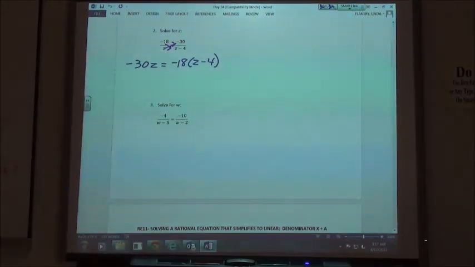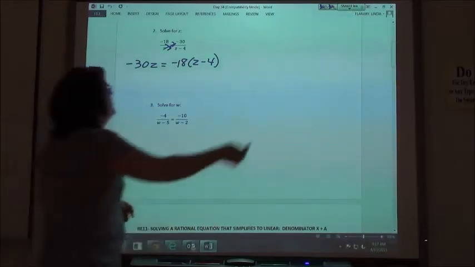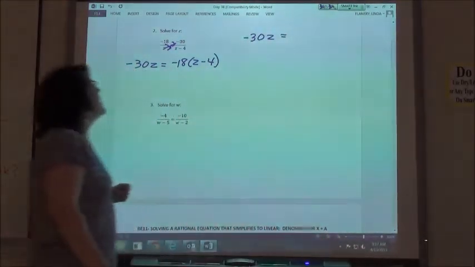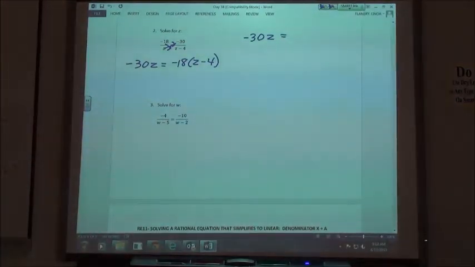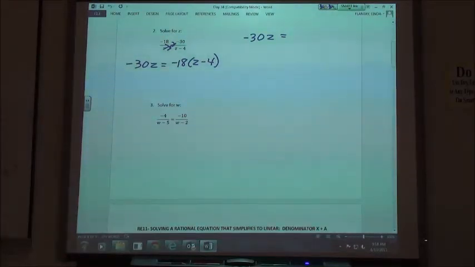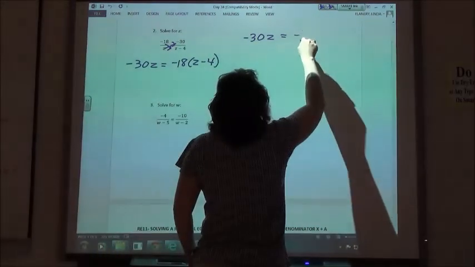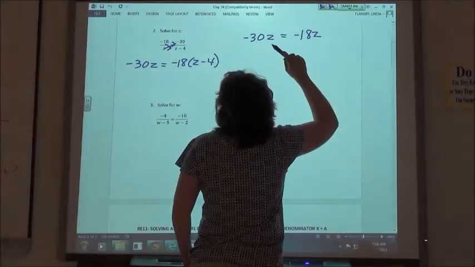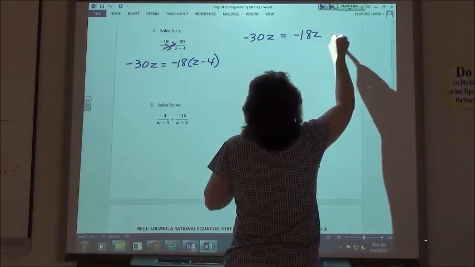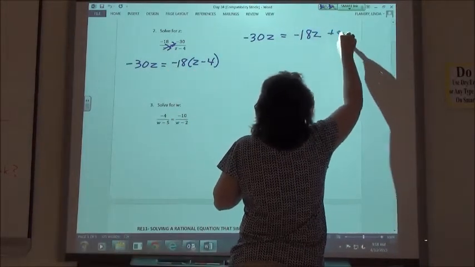So if I use my distributive property on that one, I'm going to have negative 30z, and what would I have over there on the right side? Negative 18z minus 72. What's my sign? Plus. Plus, because I have a negative times a negative, right? Oh. So positive, and you said that was 72? Mm-hmm.